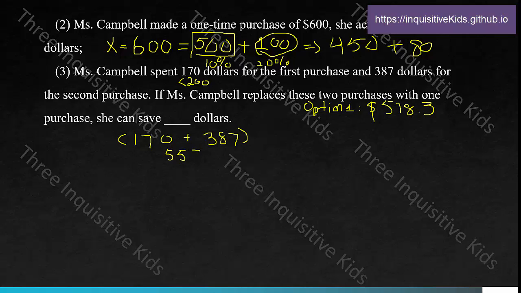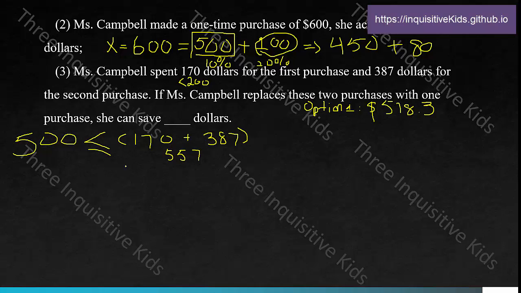Well, 557 is greater than or equal to 500. That means the first 500 of 557 would be given a 10% discount, while the rest of the cost left would be given a 20% discount.